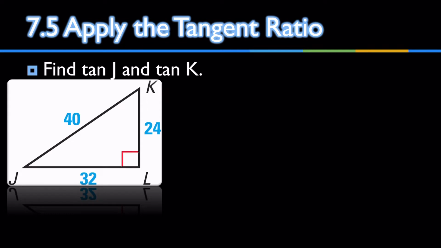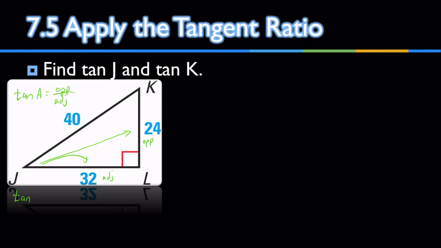So on this triangle, find tangent of J and tangent of K. So from J, the opposite is 24. The adjacent is 32. So let's remind ourselves, tangent of our angle is the opposite over the adjacent. So tangent, and say tangent, don't say tan.